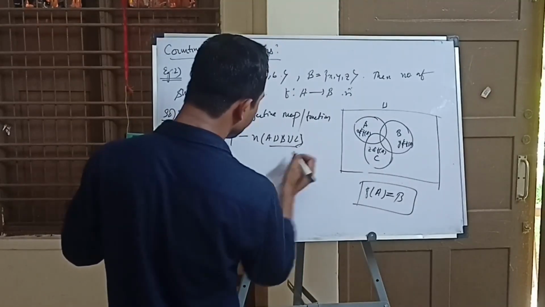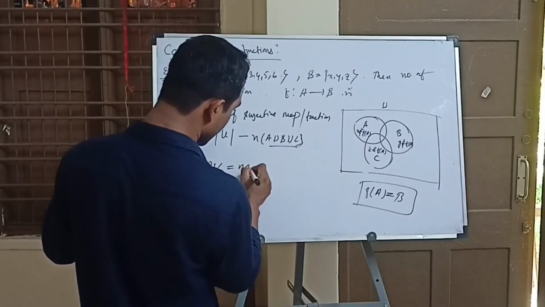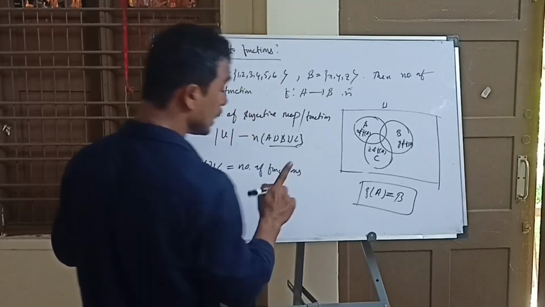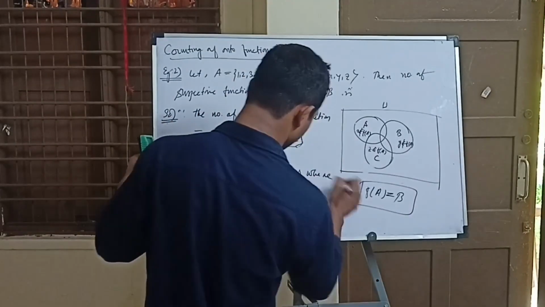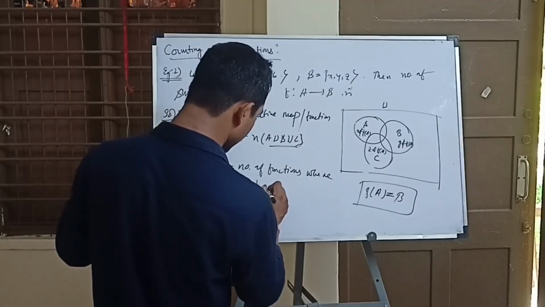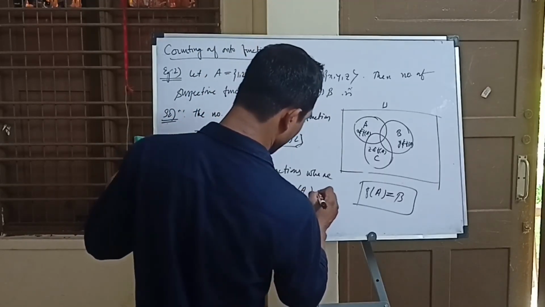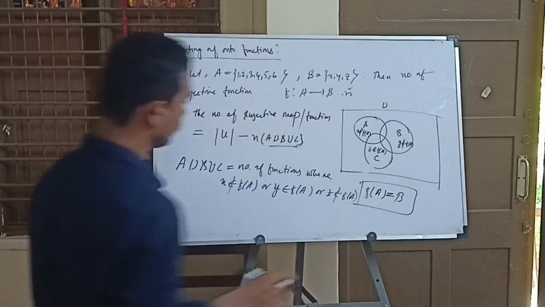What is A union B union C? The number of functions where x does not belong to f of A, or y does not belong to f of A, or z does not belong to f of A.